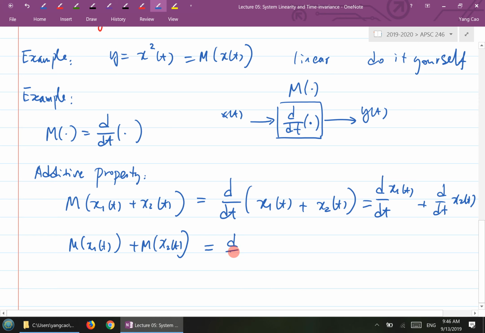This is equal to d over dt x1 of t plus d over dt x2 of t, which is the same as the other side. So you can conclude that additive is satisfied. That seems to be very straightforward, right?